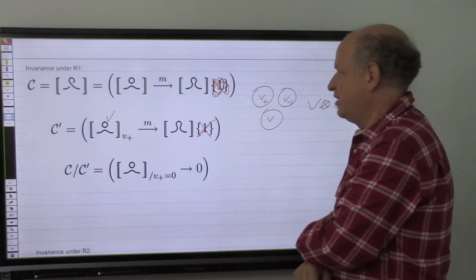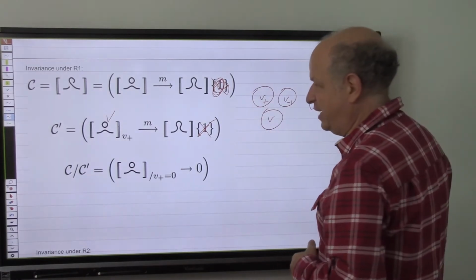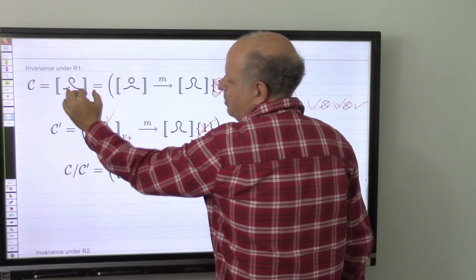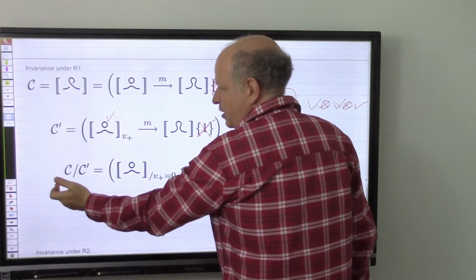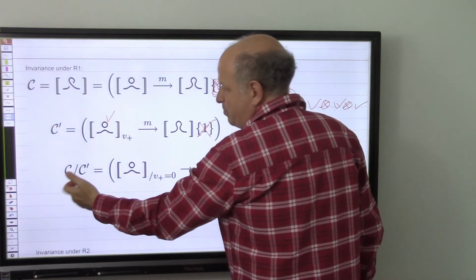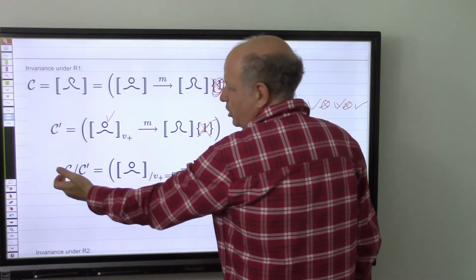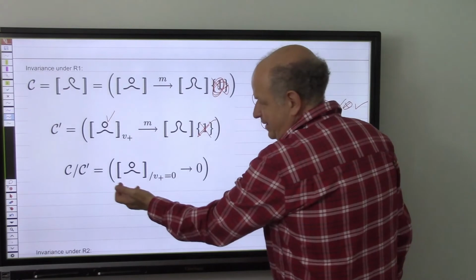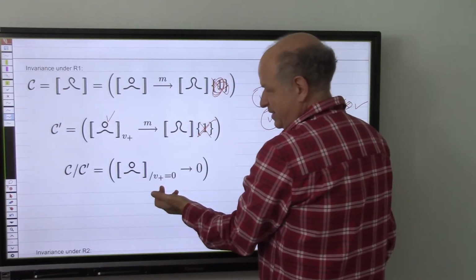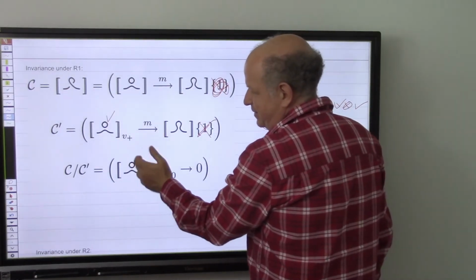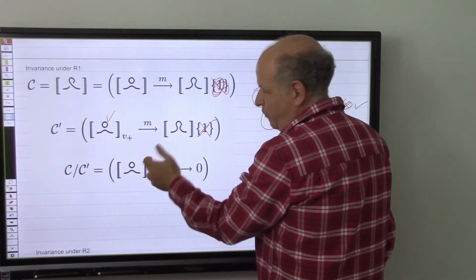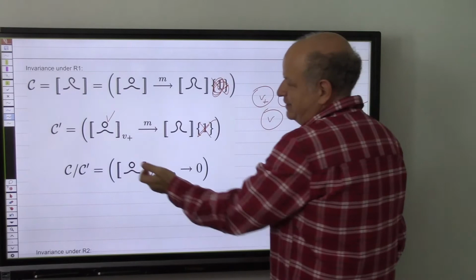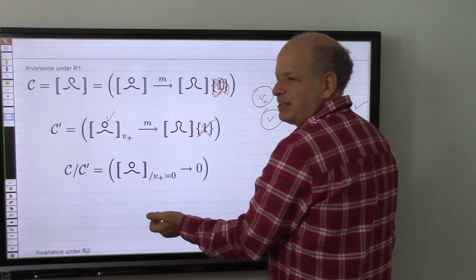Okay? So this complex is acyclic, and therefore the homology of the original complex is equal to the homology of the quotient. But in the quotient complex, saying that this cycle is marked either with V plus or with a V minus, but V plus is set to 0, is the same as saying that it's marked by V minus.